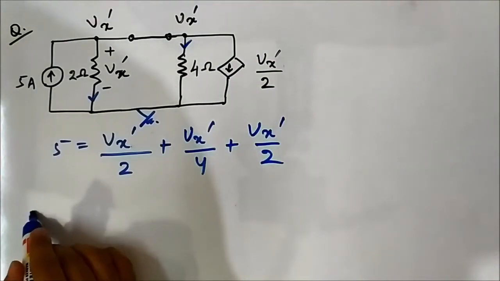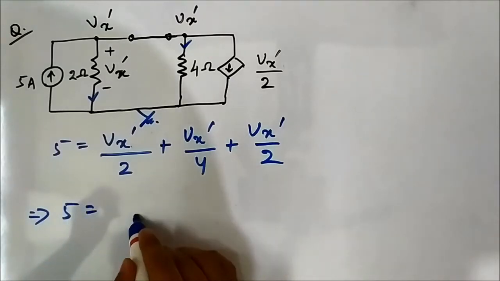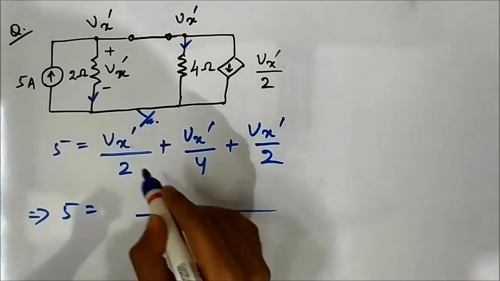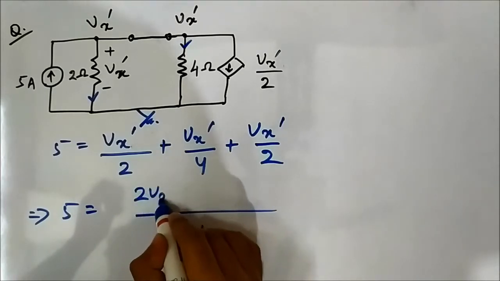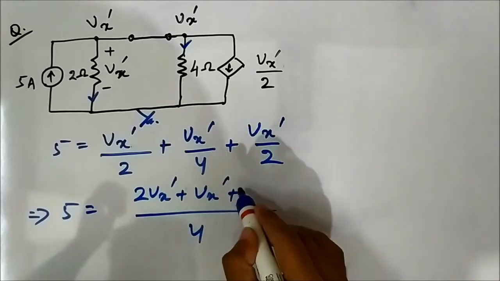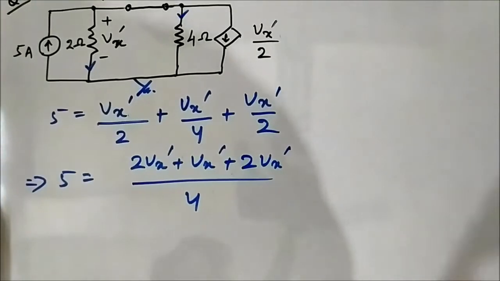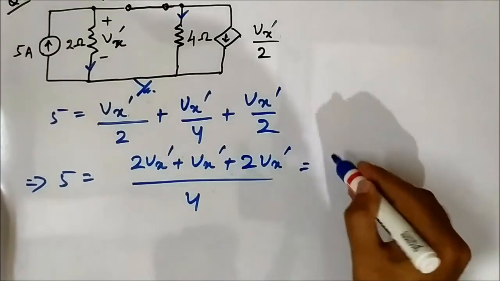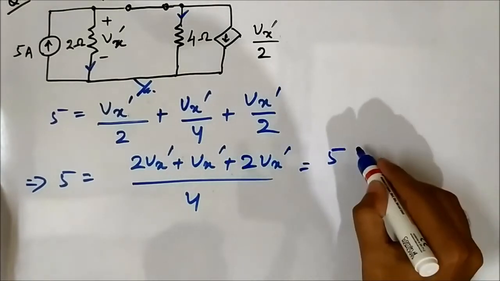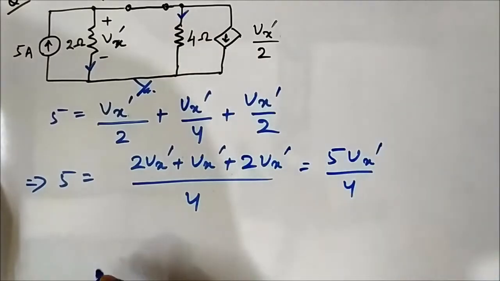So that implies 5 is equal to Vx dash plus Vx dash plus 2 Vx dash. This is equal to simply 5 Vx dash by 4.